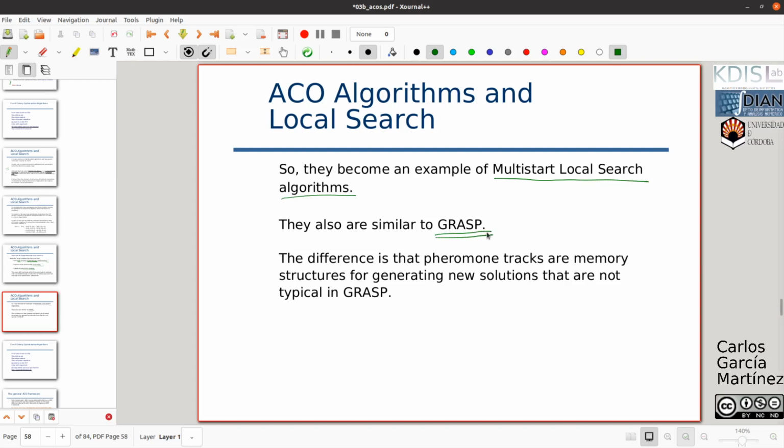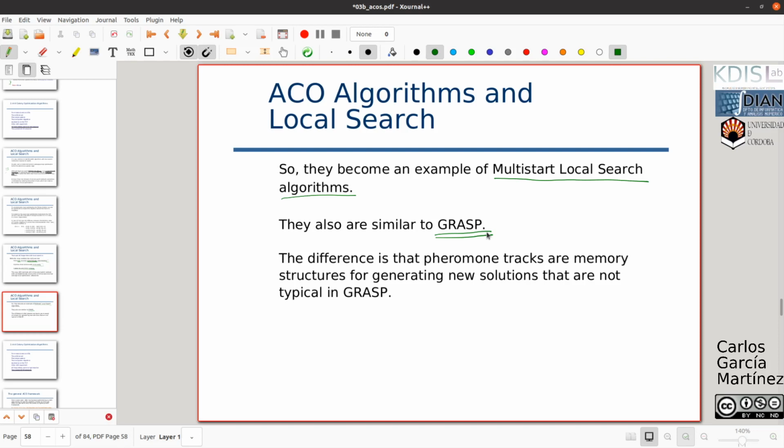You can recall that GRASP generates heuristically but randomized greedy initial solutions which afterwards undergo local optimization. So here the effect is almost the same.